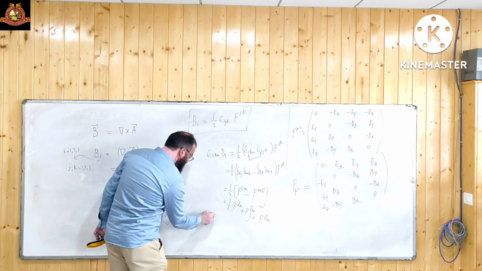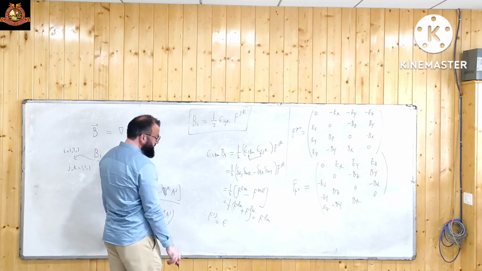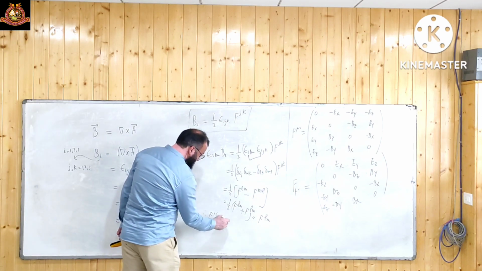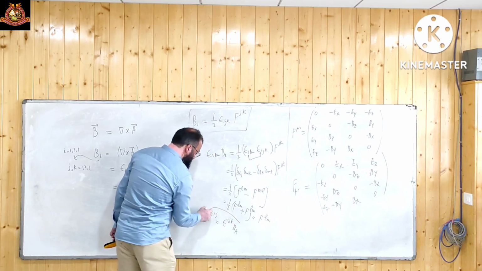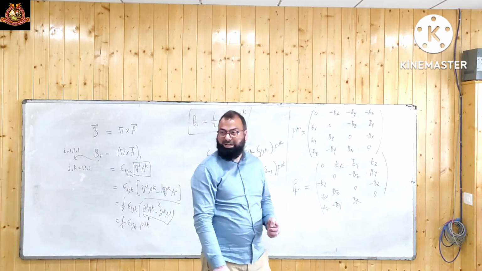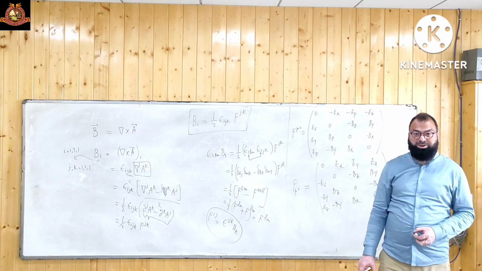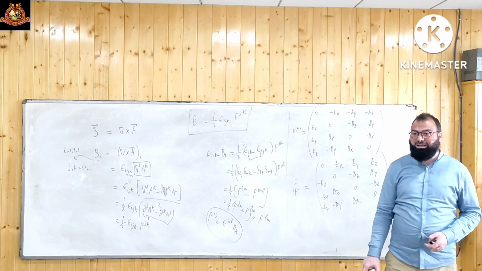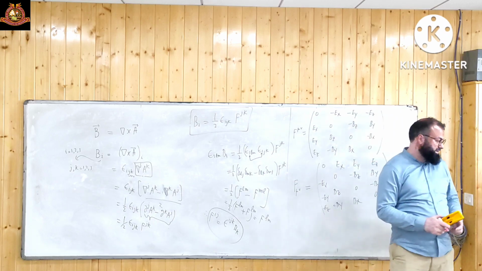So therefore F i j can be written as epsilon i j k B k. That means you can construct the spatial components of F from the vector B, or you can construct B from the spatial components of F. So this is the relation between B and F.